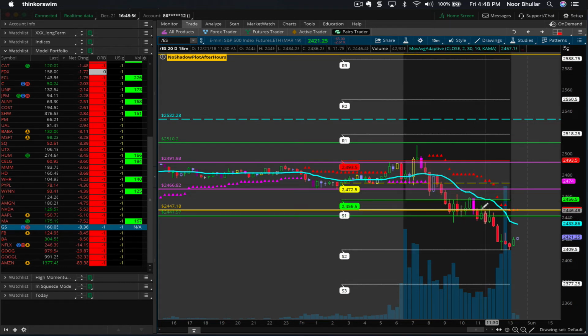So I was watching this area for a break, and once it broke, I took a shot and covered it right here. These are not things that were plotted after the fact, but are things provided by shadowtrader.net.